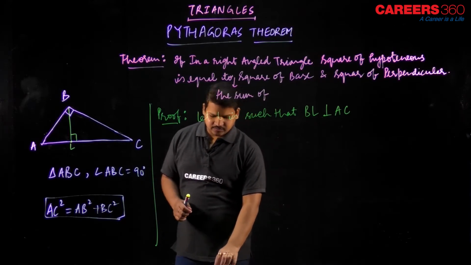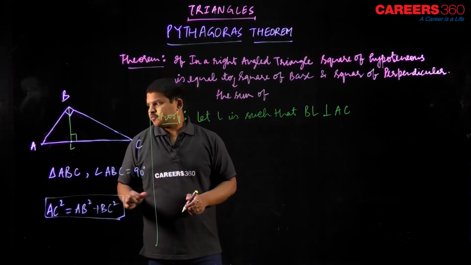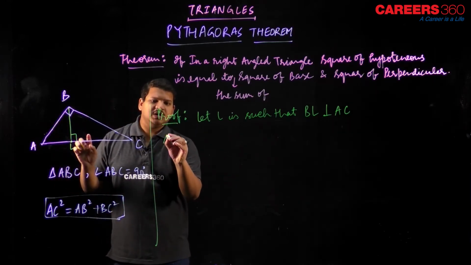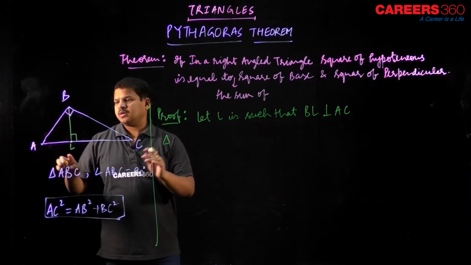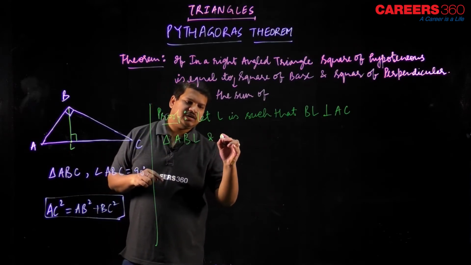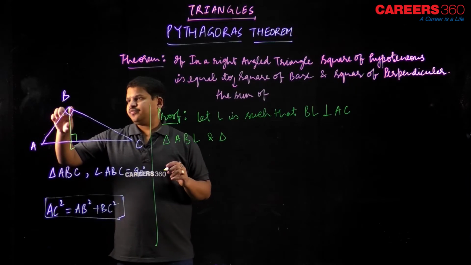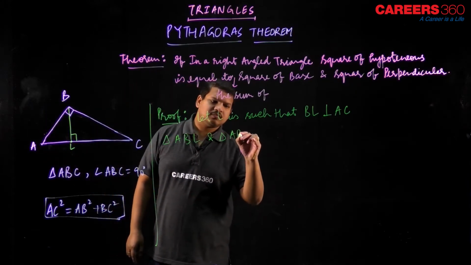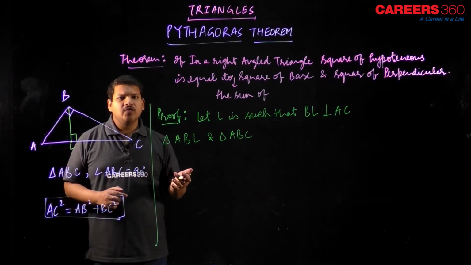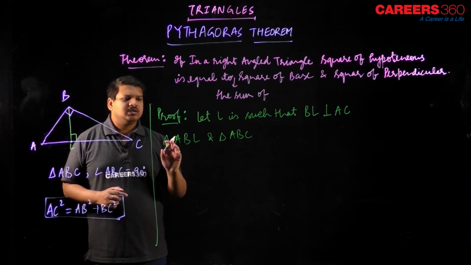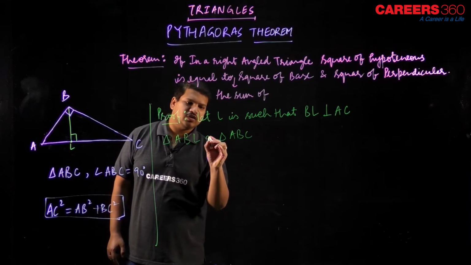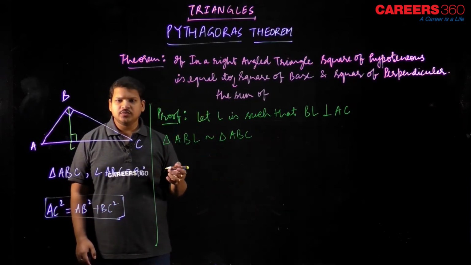Now if I take triangle ABL and the bigger triangle ABC, I know from when I was proving the RHS similarity criteria that these triangles are similar. So I am not going to prove that again.